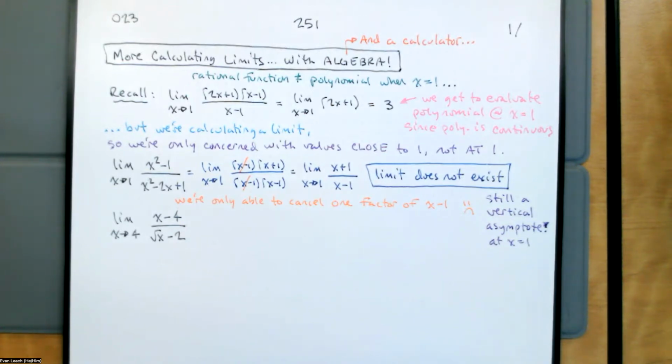A factor that makes the denominator equal to 0 will produce a vertical asymptote unless we can cancel it out, in which case it produces a hole. In the previous example, we were able to cancel the x minus 1, so there was a hole at 1. In the second example, we were not able to cancel all the x minus 1, so there's a vertical asymptote at x equals 1. Those are the two things that happen when the denominator is equal to 0.